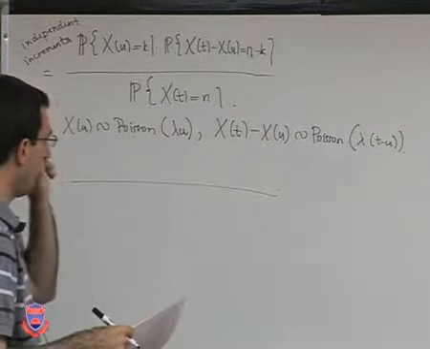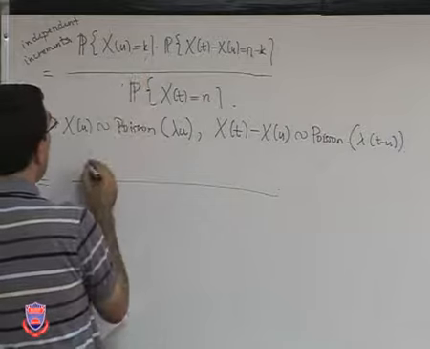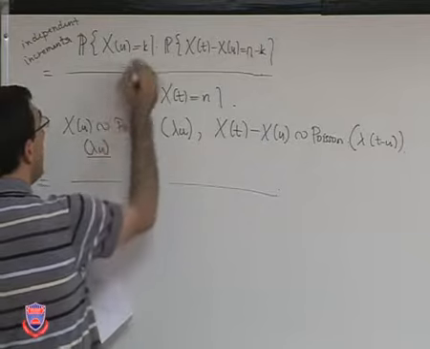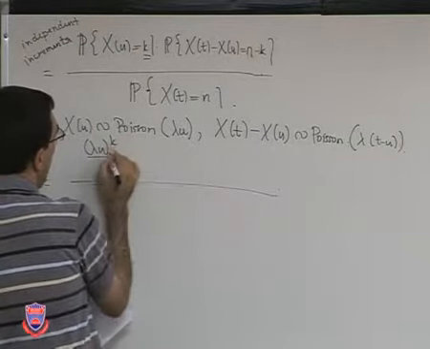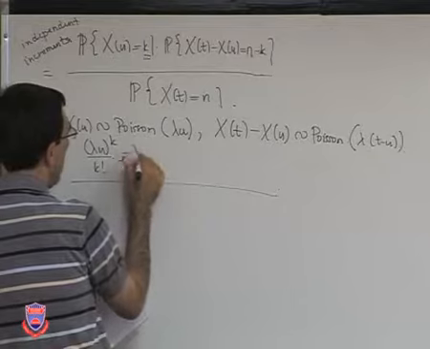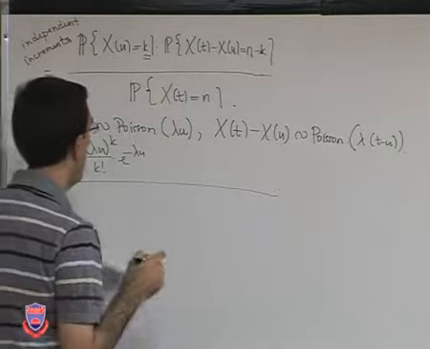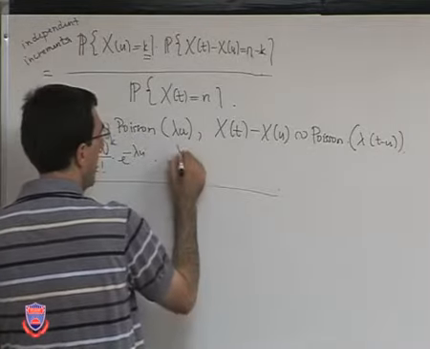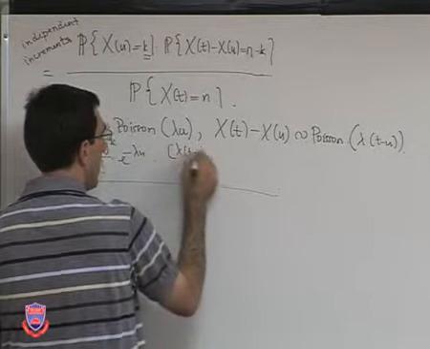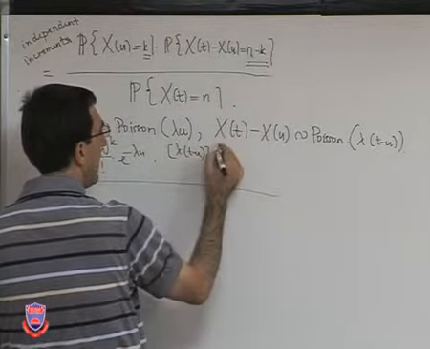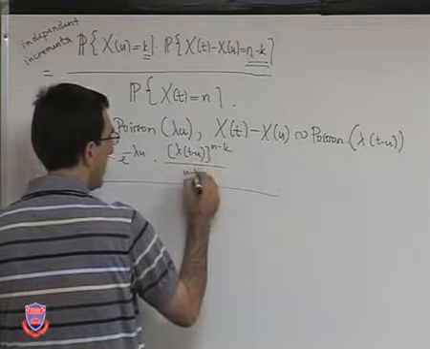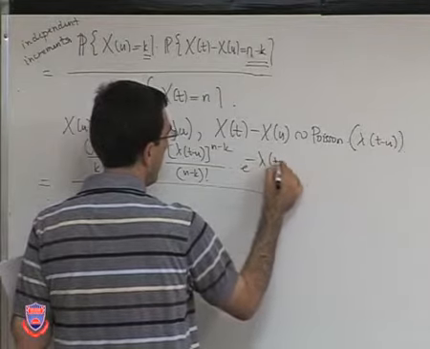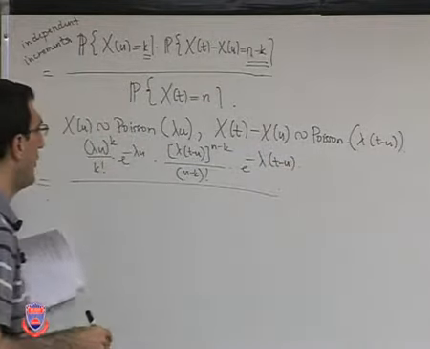So now this becomes lambda u to the power k, divided by k factorial, times e to the minus lambda u, times lambda times (t minus u) to the power n minus k, divided by (n minus k) factorial, times e to the minus lambda times (t minus u).